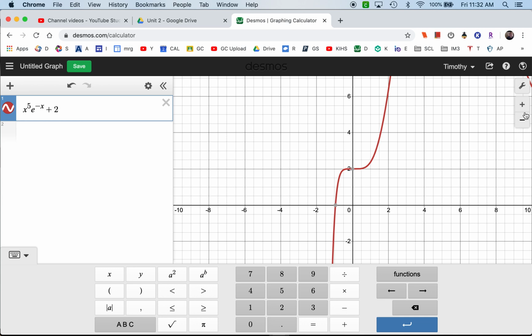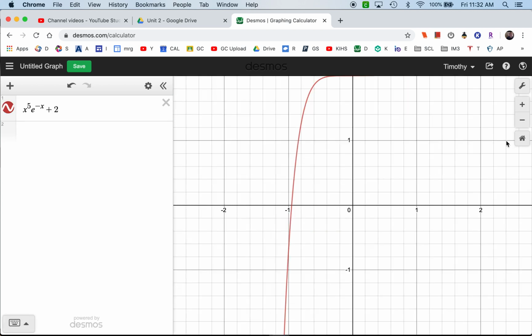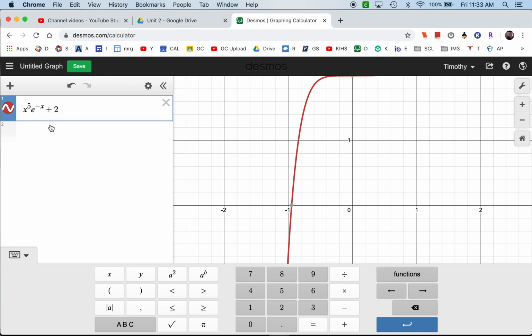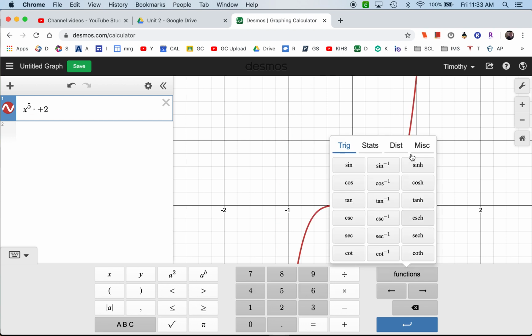What is the end behavior as we look here? Make sure you don't make a liar. I mean, no, it's 2. So what did I do to type this in wrong? X to the 5th e. Maybe it didn't like that e. Maybe I have to use this e.